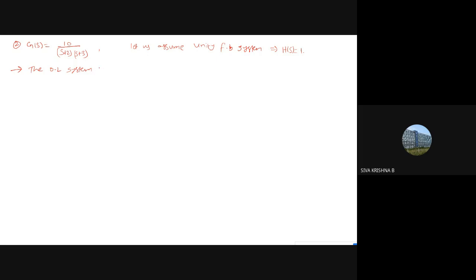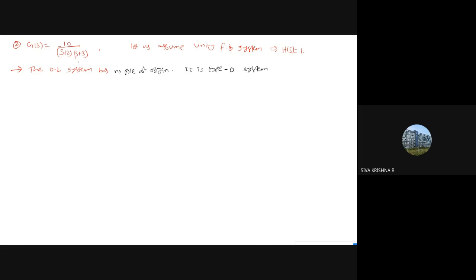So the open loop system has no pole at origin, that means it is a type zero system.